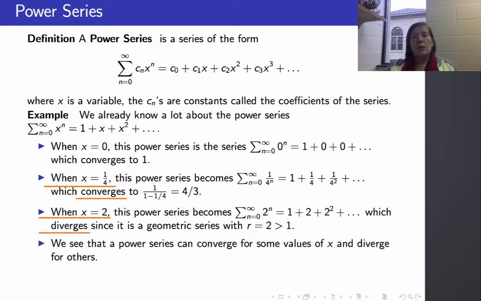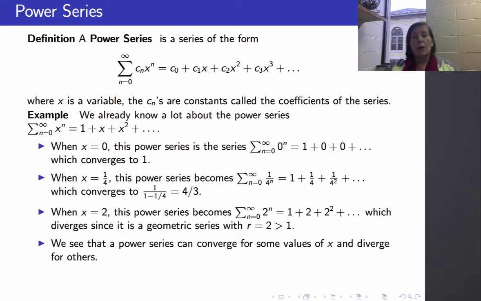The first thing we know is that a power series can converge for some values of x and diverge for others. Now, if you're thinking about this power series as an infinite polynomial, then the values of x where the series converges is going to be the domain of this infinite polynomial function, and where it diverges, those x values are not going to be in the domain.